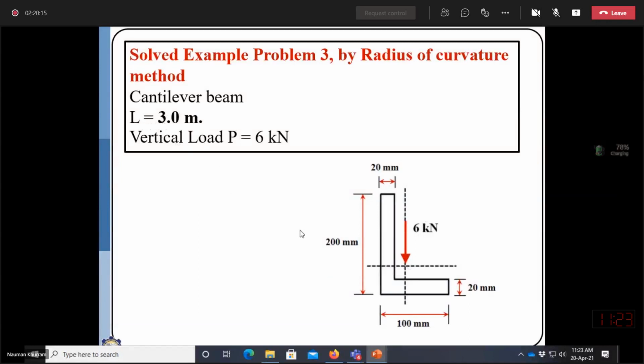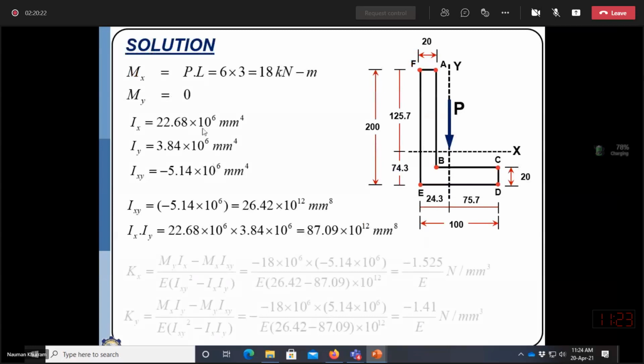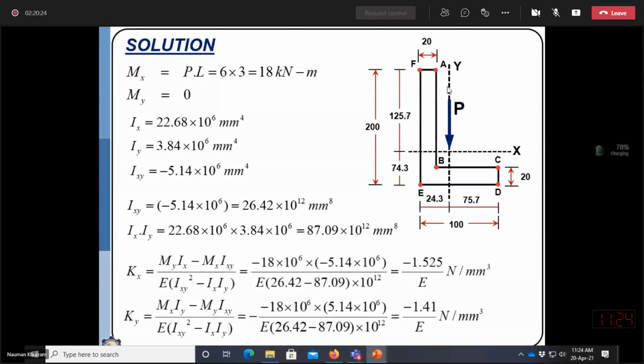So the maximum moment at the fixed support will be equal to P into L. The load is only acting along y direction. If the load is acting along y direction, it will produce a moment about x-axis. So the moment about x-axis will be the load into the cantilever length, 18 kN-m.